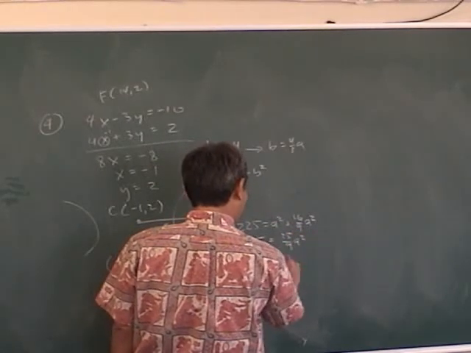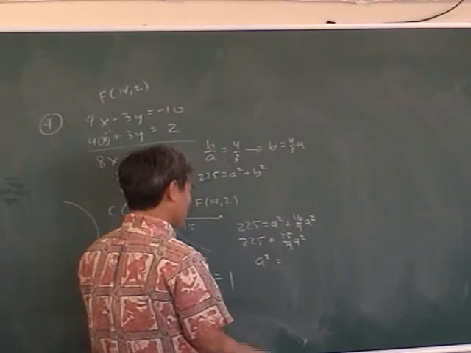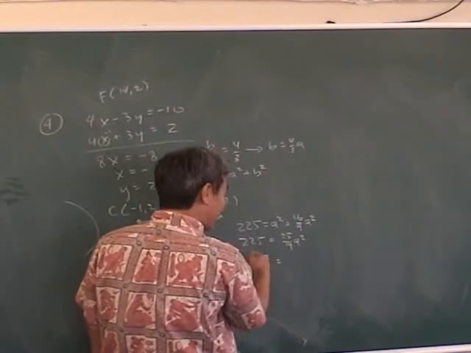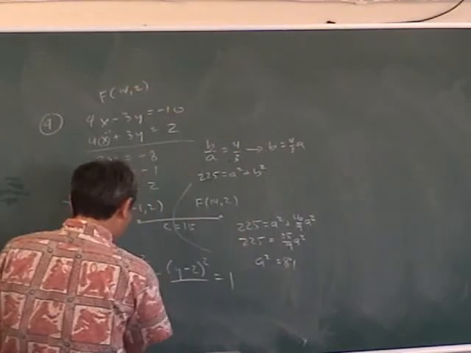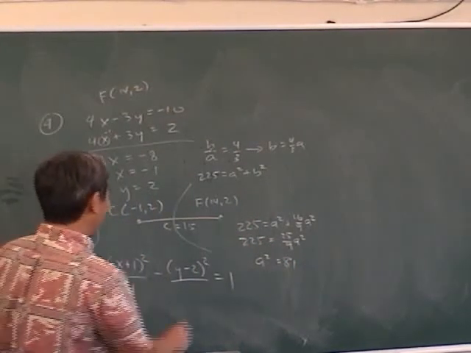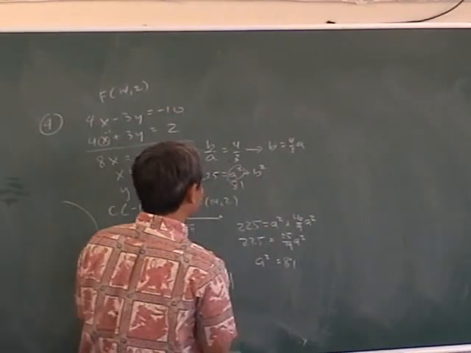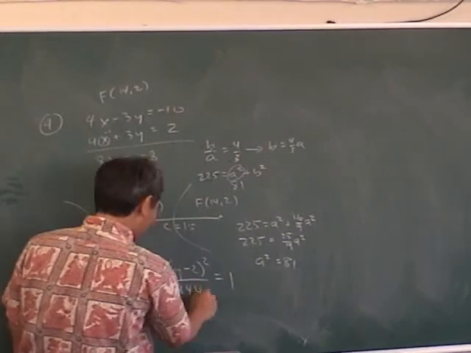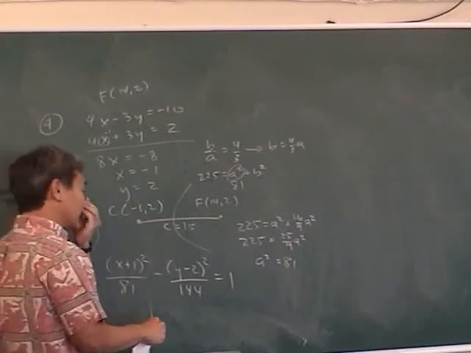So a squared is equal to, multiply by 9 and divide by 25, 81. So a squared is 81. Once you know a squared is 81, how do you figure out b squared? You get 144, and there you go. You have to put all the pieces together.